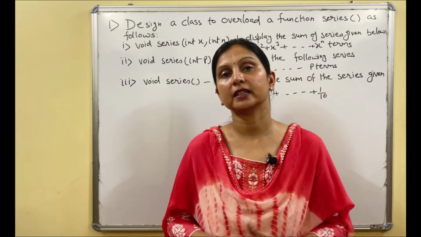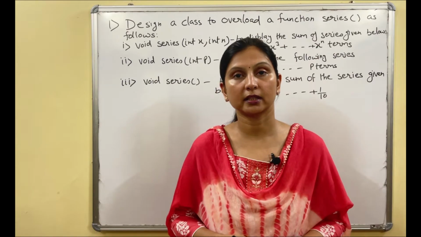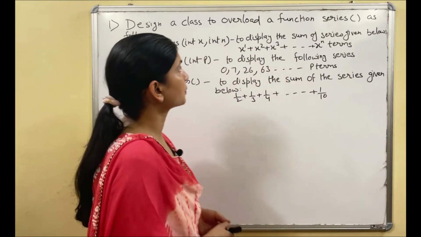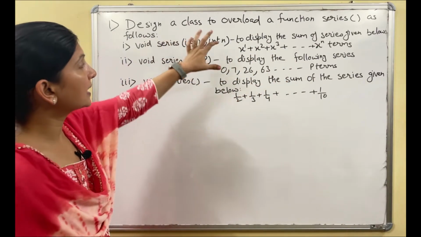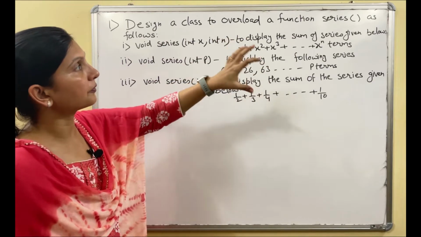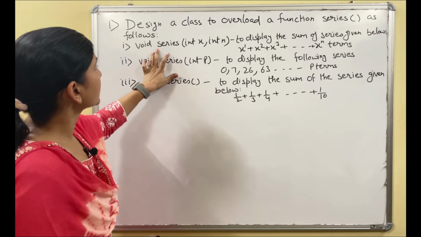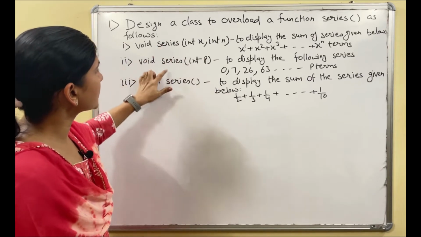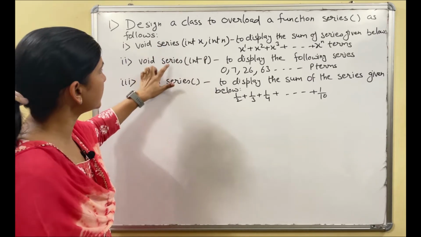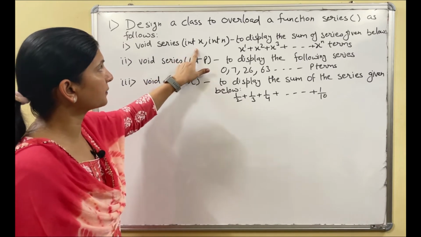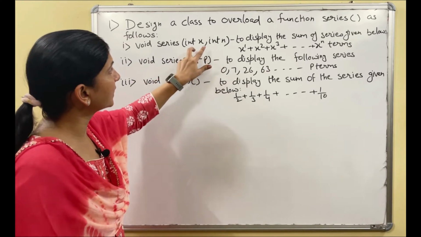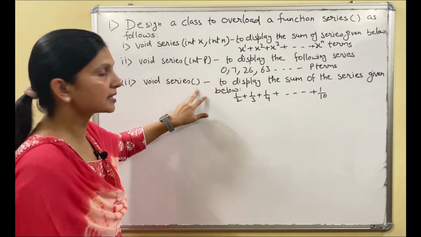I have taken these programs from the previous year question paper. So first program is: design a class to overload a function series as follows. If you see, three functions are there having the same name: series, series, series. Where is the difference? Number of arguments: here it is 2, here it is 1, here it is 0.